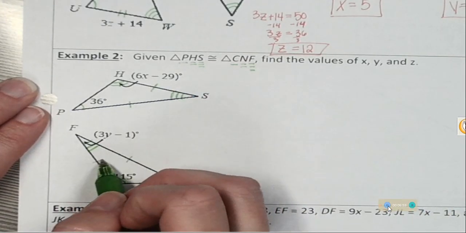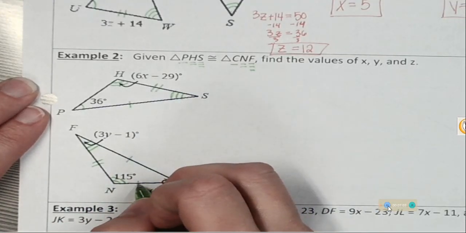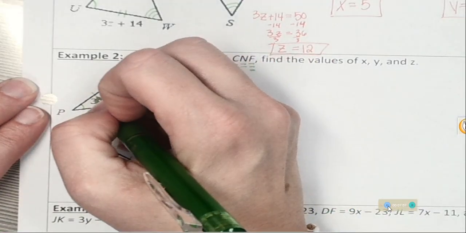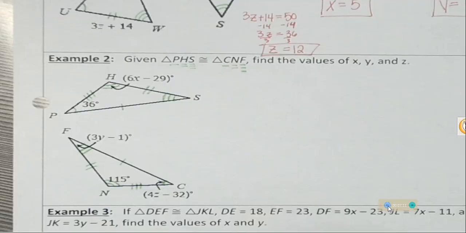The 2 and the 3, those are congruent. And then the third side, between 1 and the 2, is congruent to the third side. So the first thing I did was I marked all of my corresponding parts of these congruent triangles because they are congruent. That's where you get and use CPCTC.